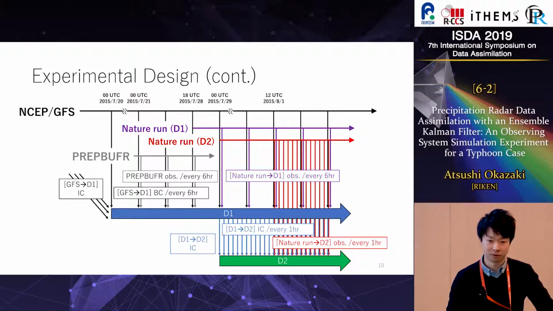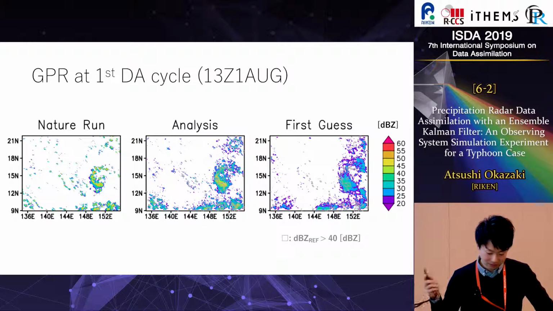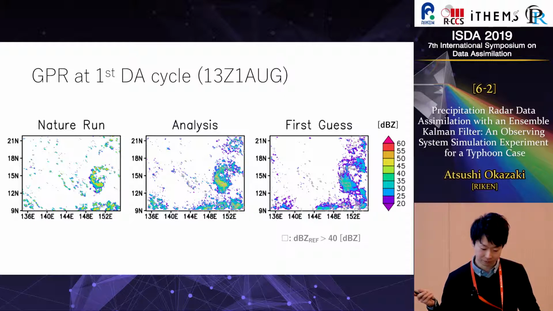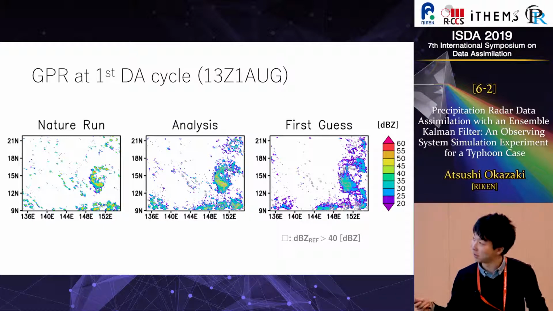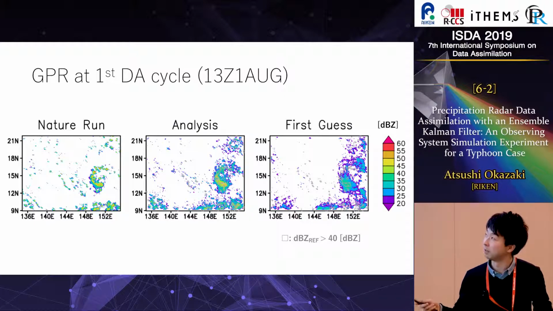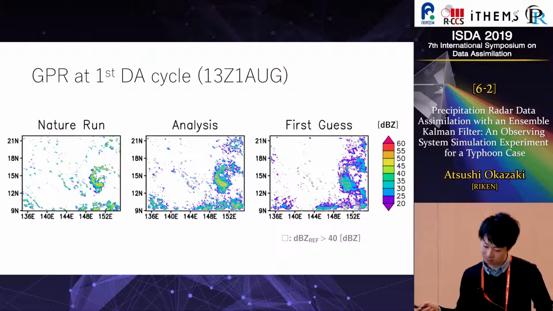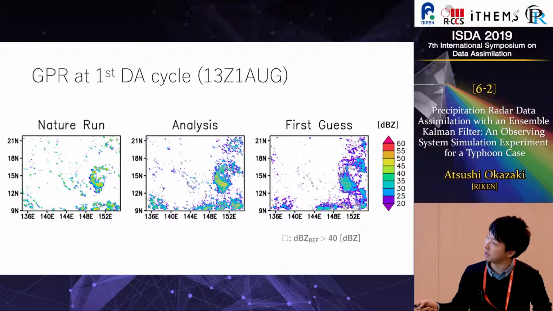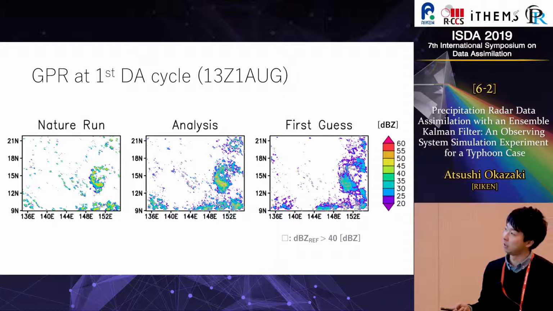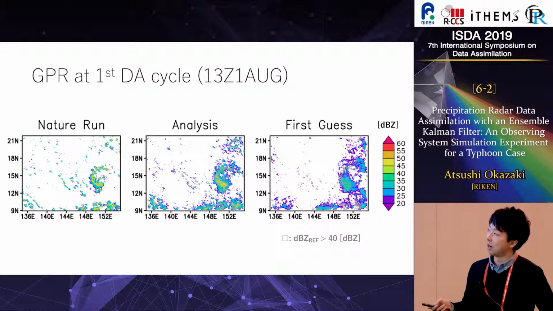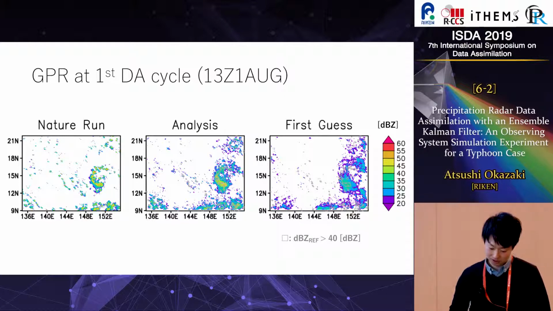So let's move on to the results. These figures show the reflectivity pattern for the nature run and the analysis and first guess at the first data assimilation cycle. Compared to the first guess, the pattern of the reflectivity in the analysis is much closer to the nature run. So it confirms that the data assimilation system worked properly.